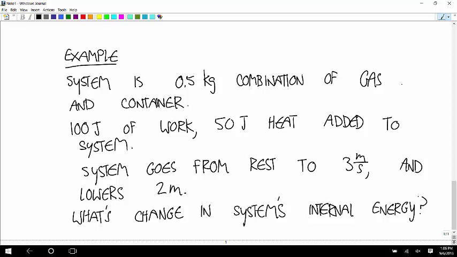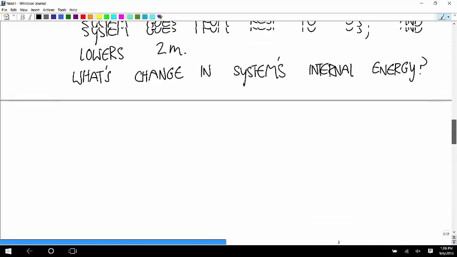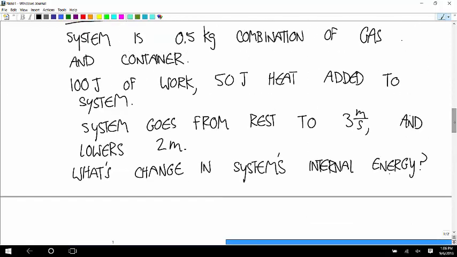We're not going to have to deal with the integral equation for work, because we only do that to figure out what W is, and we're given W. But with work and heat, we are going to have to be careful with that sign convention, okay? Like, if work is added to the system, what does that mean? If heat is added to the system, what does that mean? So let's start with the simple one and expand things out from there.